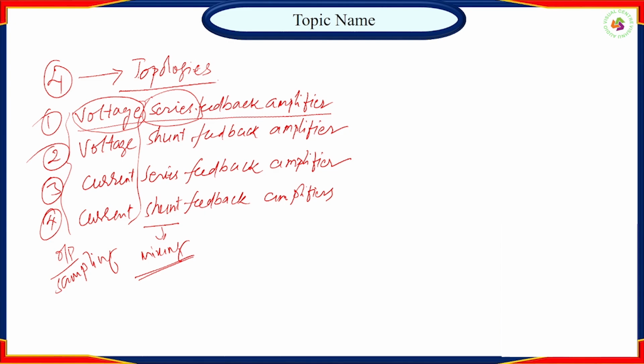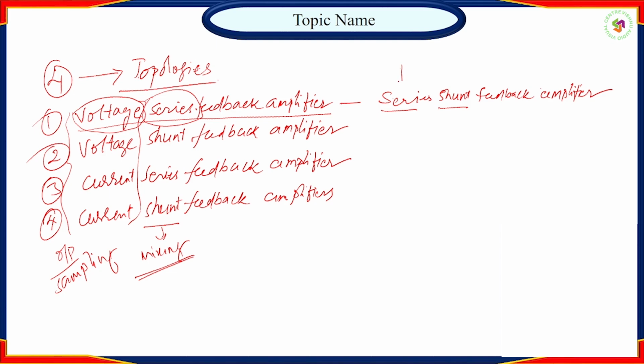In another way, these amplifiers can also be defined like this. The voltage series feedback amplifier is also called the series shunt feedback amplifier. These are again the input mixing and output sampling parameters that we are considering.